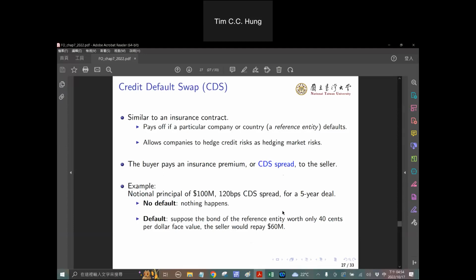The reason why it provides insurance, or a sense of security, to the CDS buyer is because suppose that we have a notional principal and we have a CDS spread. The CDS spread is usually the payment. It's usually defined on some principal size and as a percentage of this principal size.